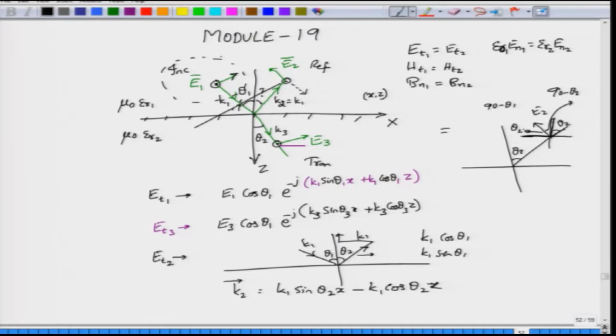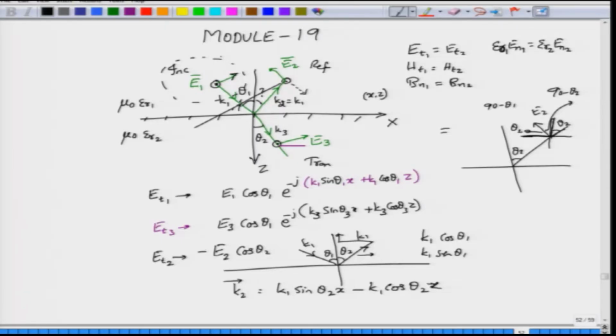Okay. So, you can write this as E2 cos theta 2 along the minus x direction, and E2 sin theta 2 along the minus z direction. However, we are interested in the tangential component, so I can write this as E2 cos theta 2, but this is along the minus x direction because of the way we have taken the electric field.